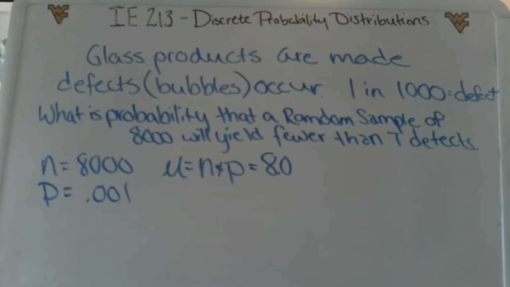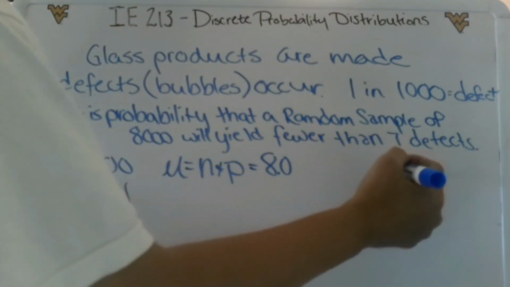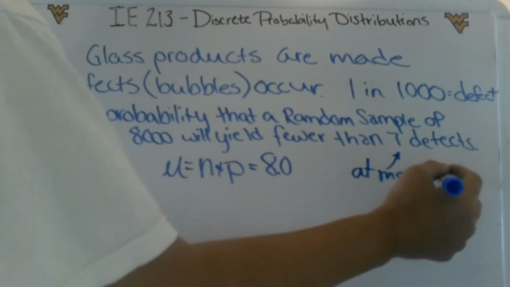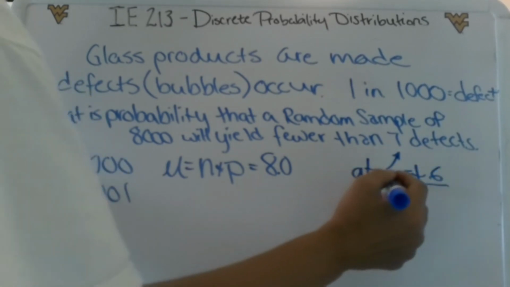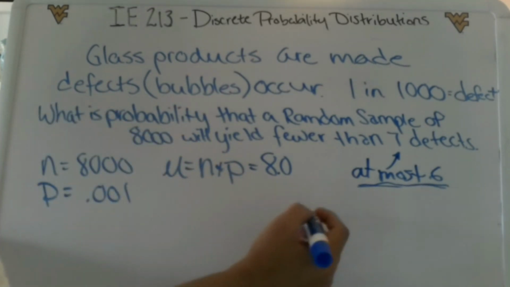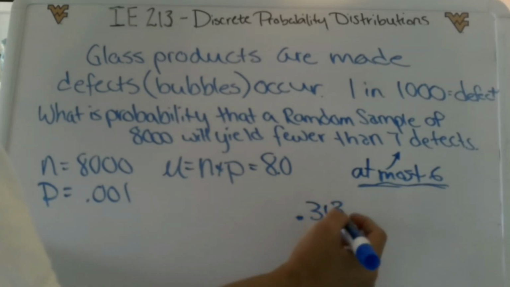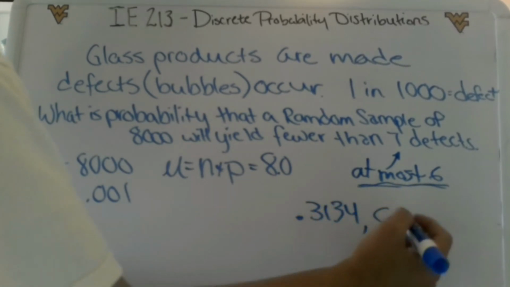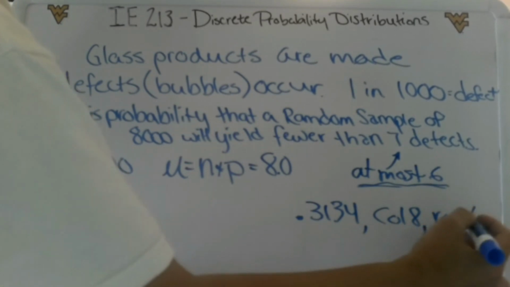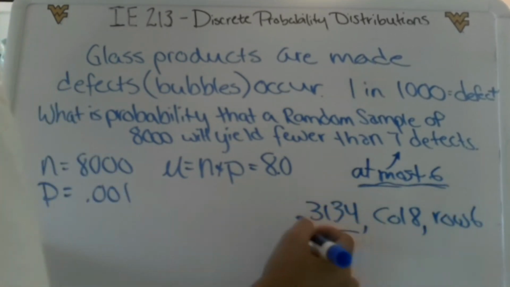So fewer than 7 means at most 6. So this is quite simple: go to the Poisson table, go to r equals 6, under column 8, and that is 0.3134. And again, that's column 8, row 6. And the answer is a probability of 0.3134.